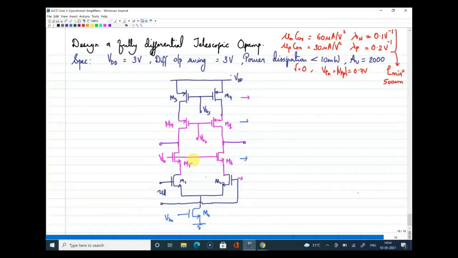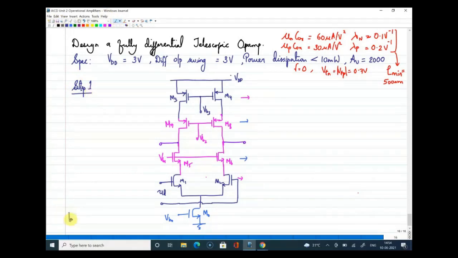All right, okay. So let us start with the design part. We'll do this design in steps. The very first step, if you remember from when we discussed the differential amplifier design, is to find the current through all devices. Let me write it over here again.